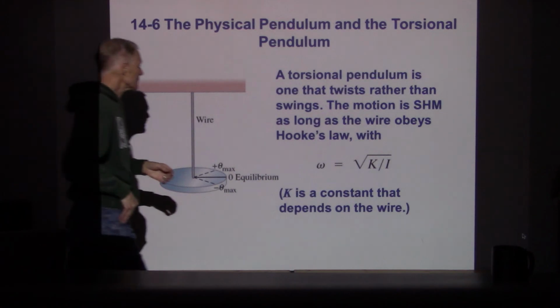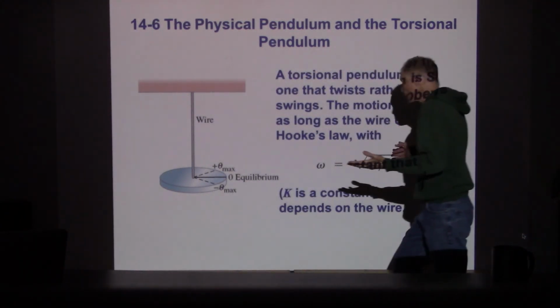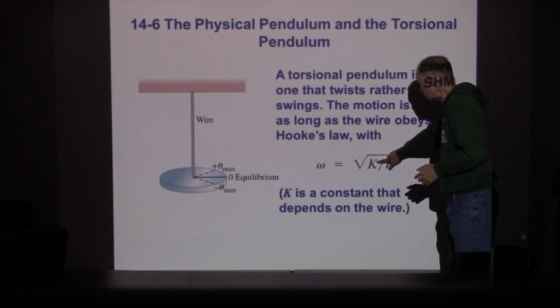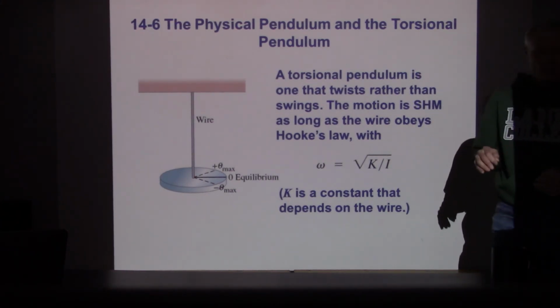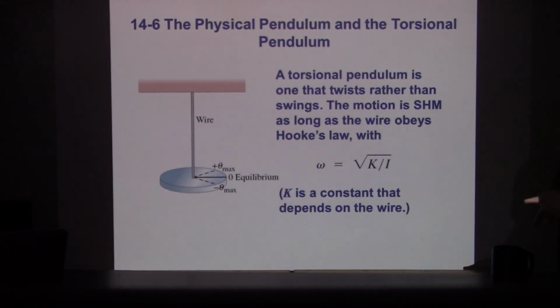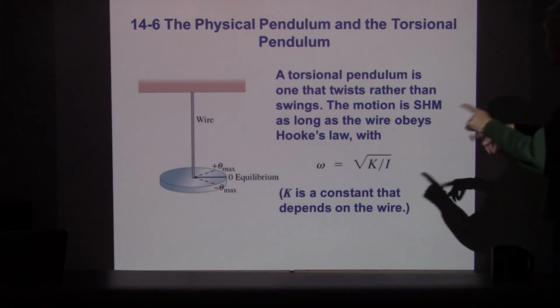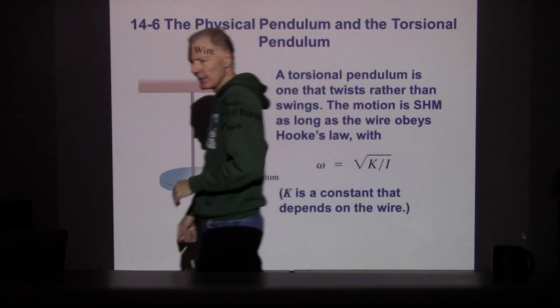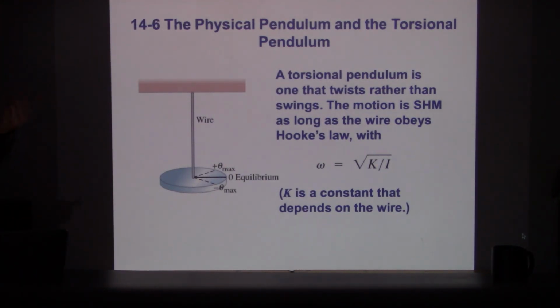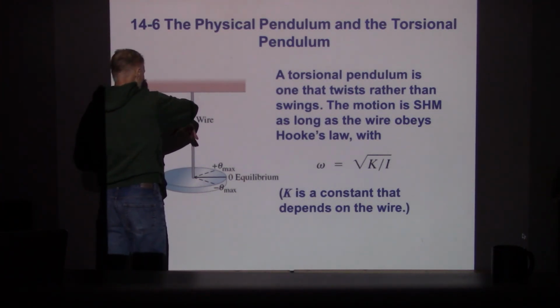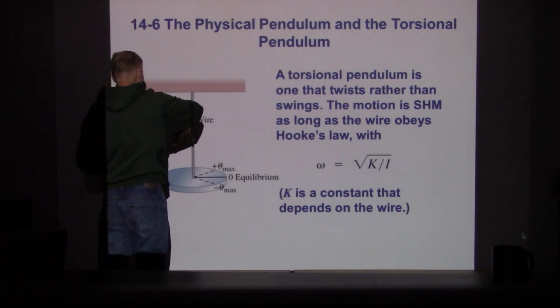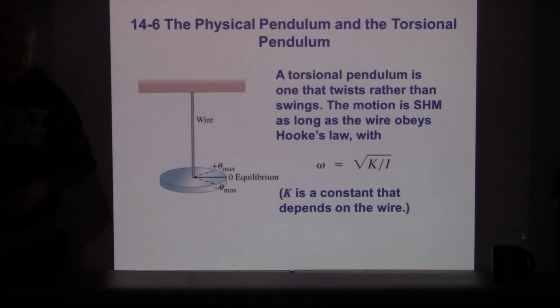So in this case, there is a force constant, or a torque constant, and the torque constant tells us how stiff the wire is relative to torsional stress, which we saw back in chapter 12. I don't think we have any examples of this, although it's pretty analogous to what we just looked at. But it's kind of interesting to think of, here's a wire, and we can have it rotate one direction, it can twist one way, and then it can twist back the other way, so it can kind of twist back and forth.